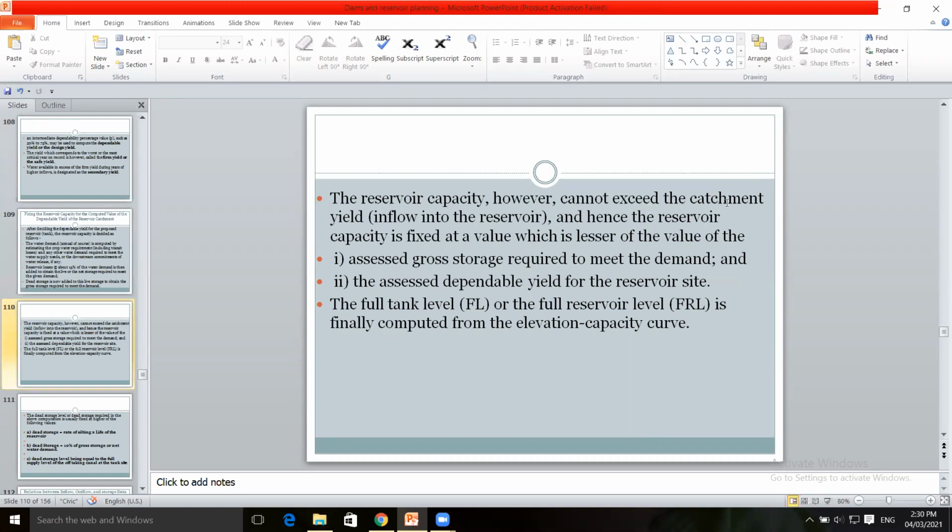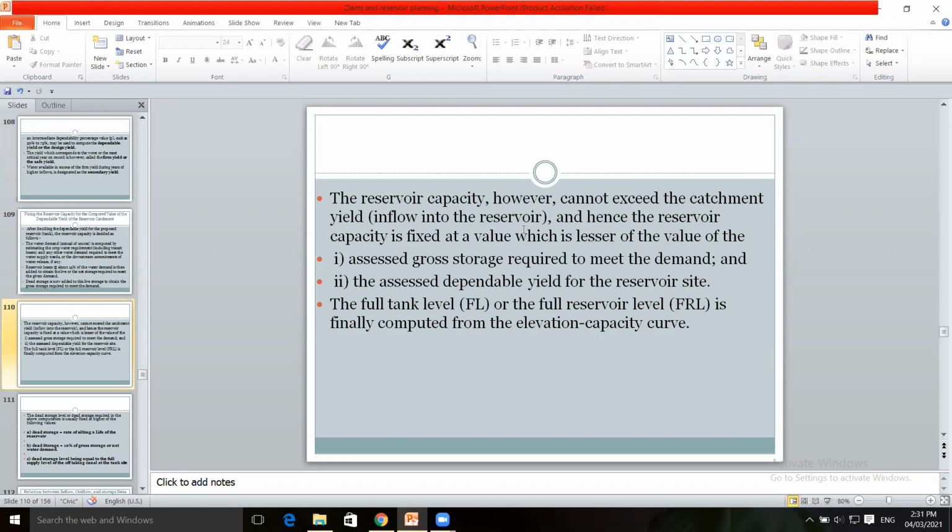So reservoir capacity, however, cannot exceed the catchment yield inflow into the reservoir. Reservoir मध्ये किती inflow झालेला आहे? So that the reservoir capacity should not exceed the catchment yield. त्याच्यापेक्षा capacity जास्त असू नये.